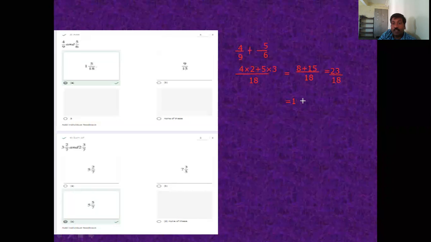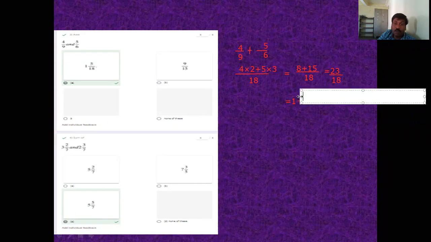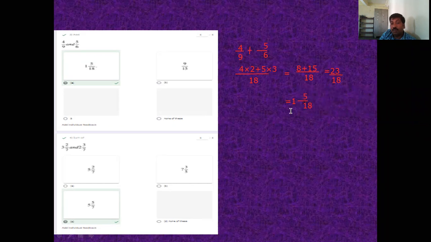When we divide 23 by 18, we get 1 as the quotient, which is written as the whole, and the remainder is the numerator, and 18 is the divisor. Now the answer will be 1 whole 5 by 18. So the answer becomes A.